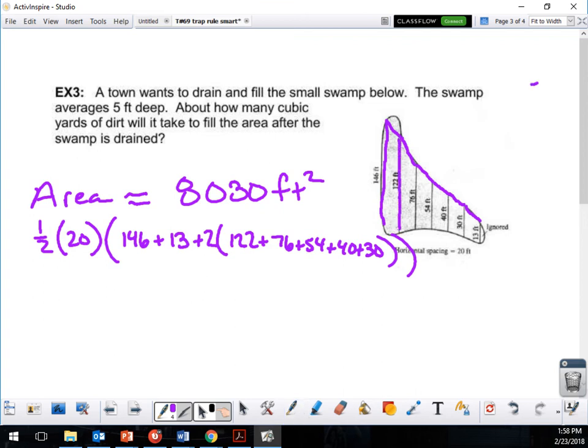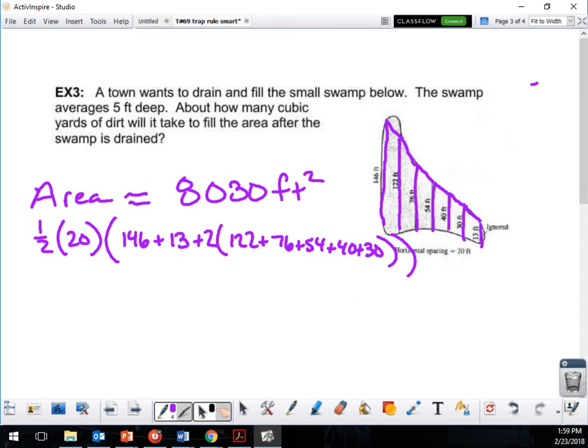It's part of that trapezoid and that trapezoid, so it has to be included twice. Same as this one, part of that one and that one. And my last one here is by itself, only in one trapezoid. Did everyone get 8,030 for the area?